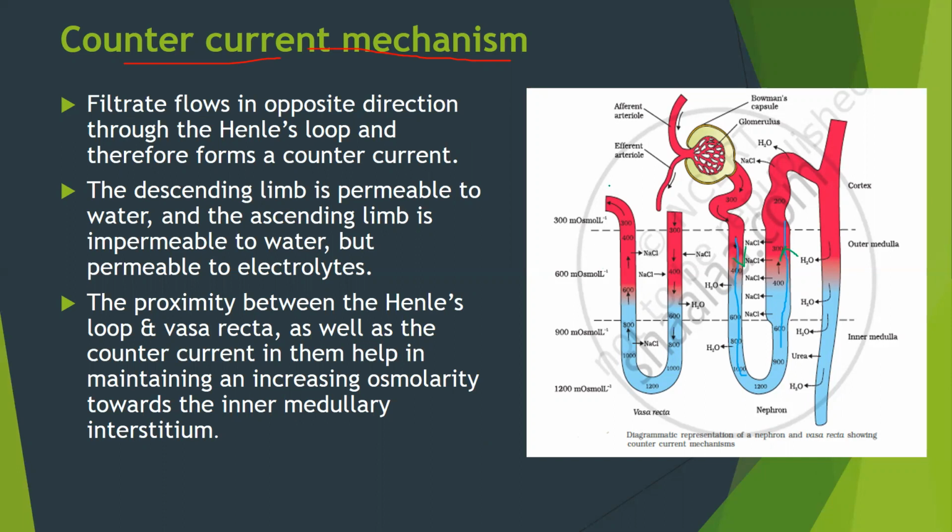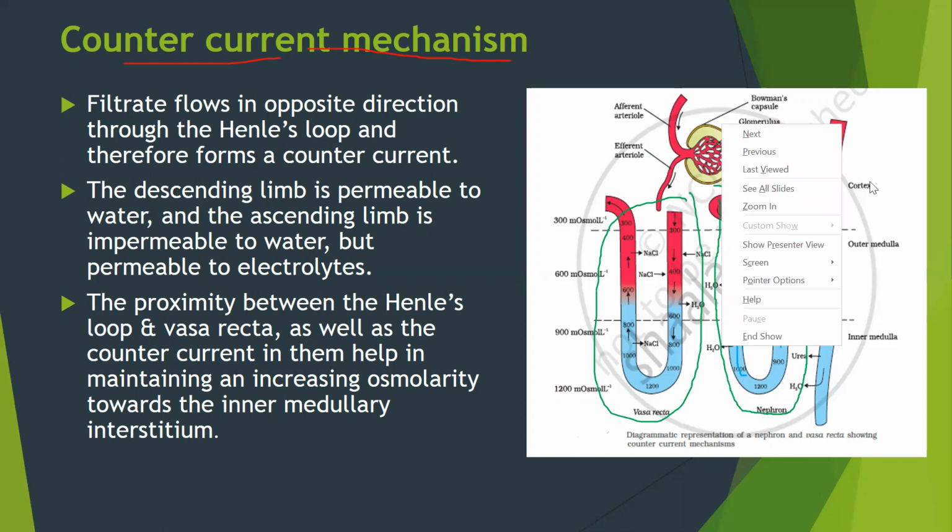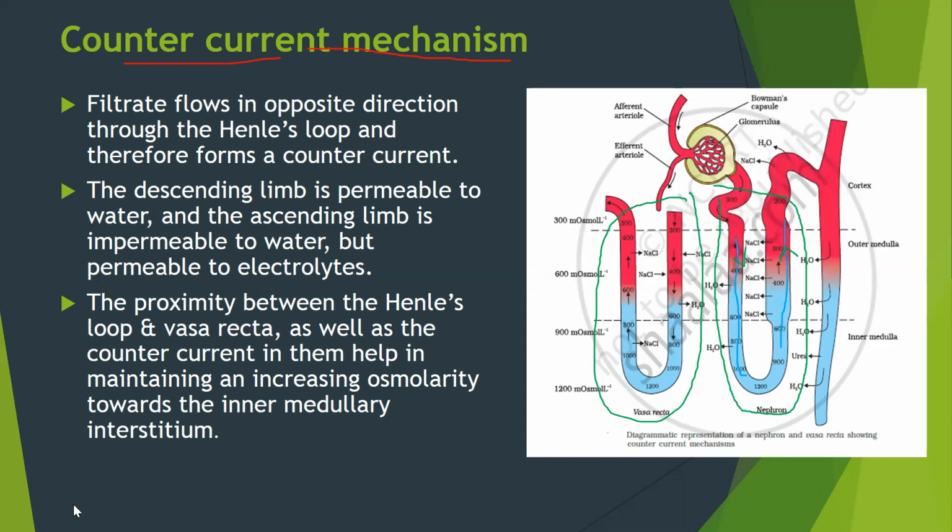This is the peritubular capillary, and it also runs parallel to the loop of Henle. If you take out the vasa recta, you can see that the blood is flowing in opposite directions in both its limbs.